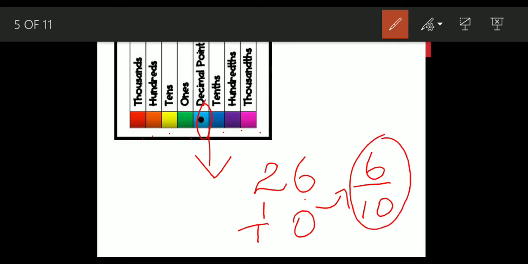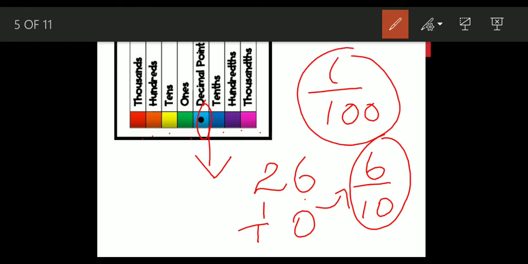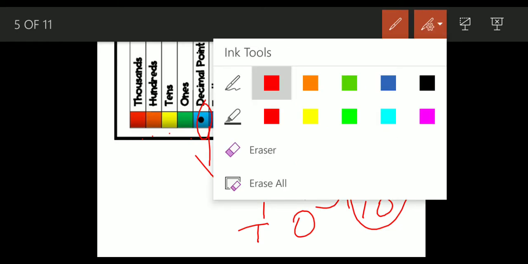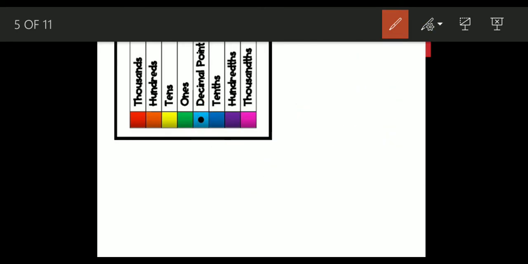If you want to go further again, what do I do? 10 into 10 is 100, so it will be the hundredths place value, not hundreds. That is, some part out of 100. Out of tenths, 6 parts. That is what we call the place value for decimals.